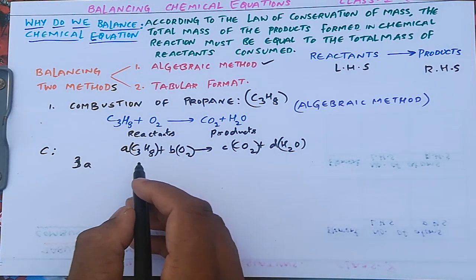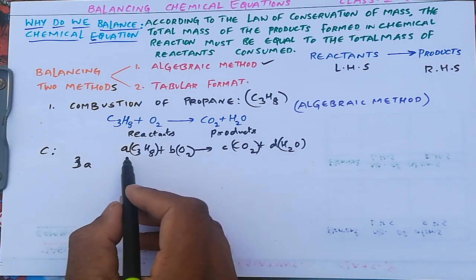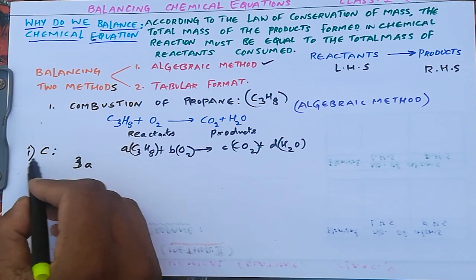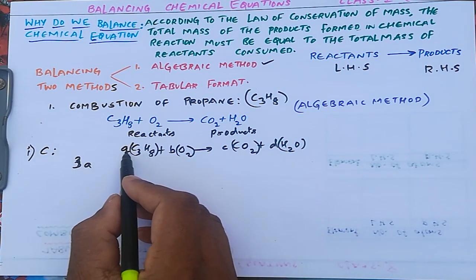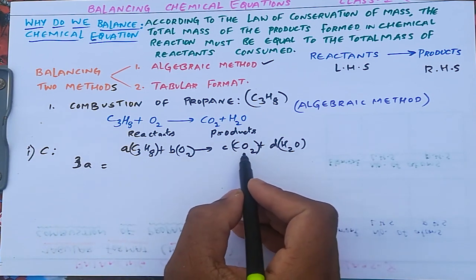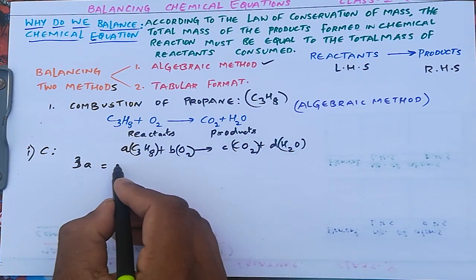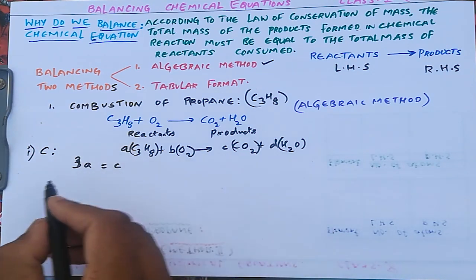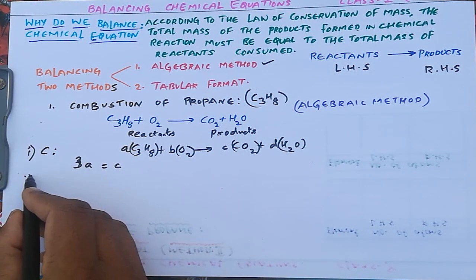For carbon, 3 times A equals, on the product side we have only one carbon, so C times carbon: 3A equals C. Write it like that and keep it aside.